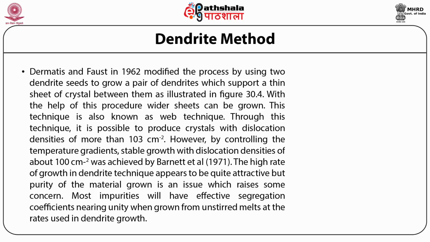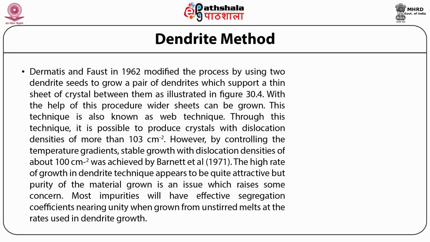Through this technique, it is possible to produce crystals with dislocation densities of more than 10 raised to power 3 per square centimeter. However, by controlling the temperature gradients, stable growth with dislocation densities of about 100 per square centimeter was achieved by Barnett et al.